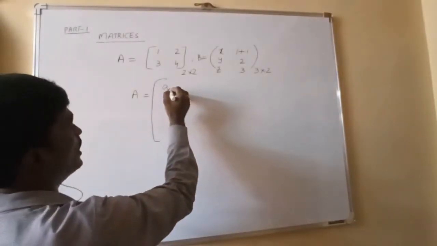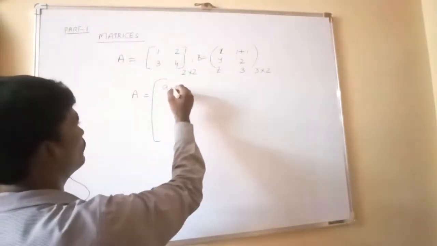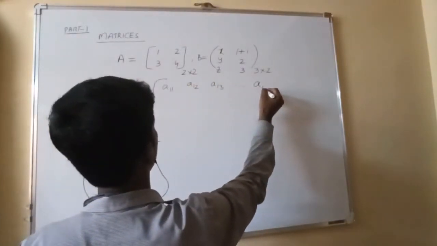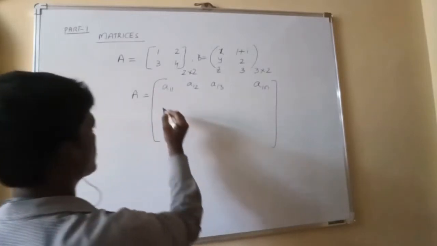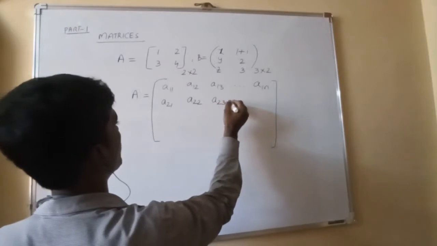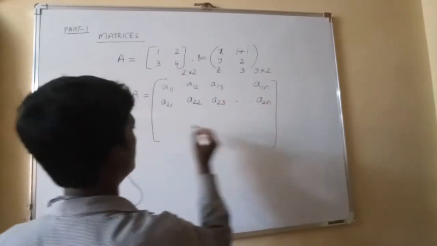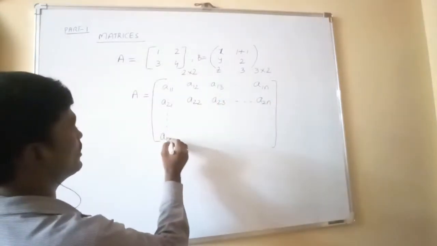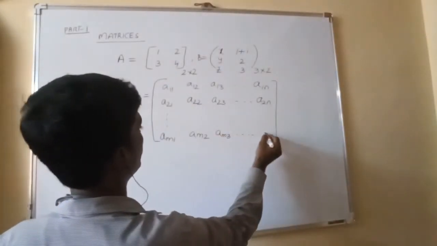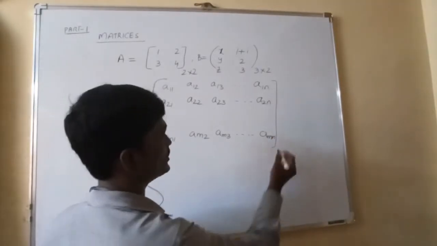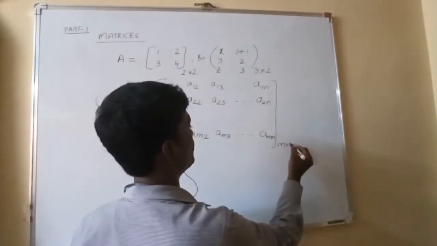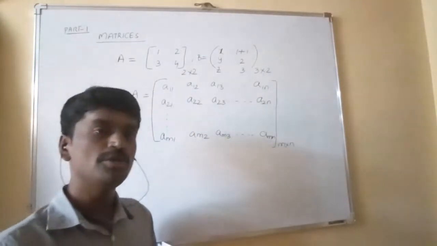The first row elements are a11, a12, a13, and so on up to a1n. The second row elements are a21, a22, a23, and so on up to a2n. The mth row elements are am1, am2, am3, and so on up to amn. So it is a matrix of order m by n, and it contains a total of m into n elements.